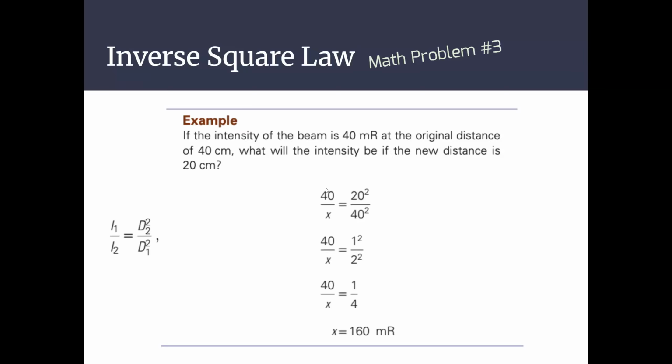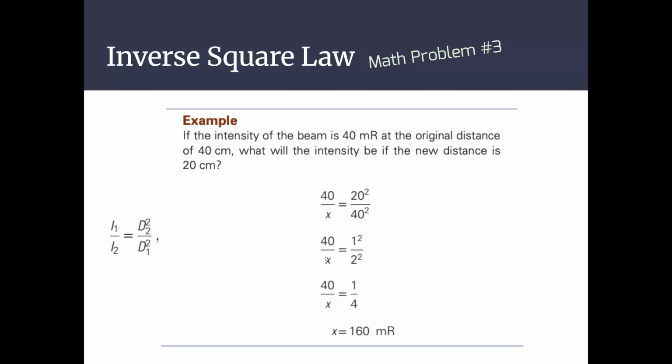So we'll stick it here on the top. And the new distance is 20 centimeters. So 20 squared divided by the original distance, which will be 40 squared, because we want to know what the new intensity will be. So 40.